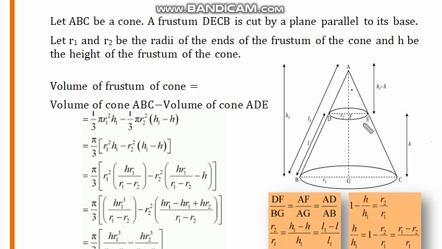If we remove ADE from the cone ABC, we get the frustum DBCE. Actually, here we are going to find out the volume of this frustum DBCE.